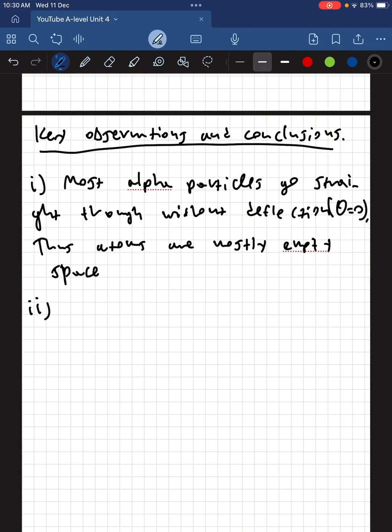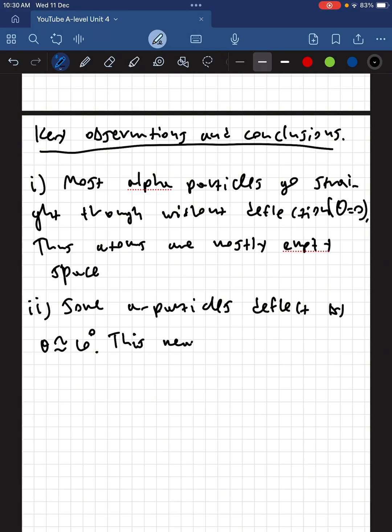What's the second observation? Some alpha particles deflect by angles as small as about 10 degrees.